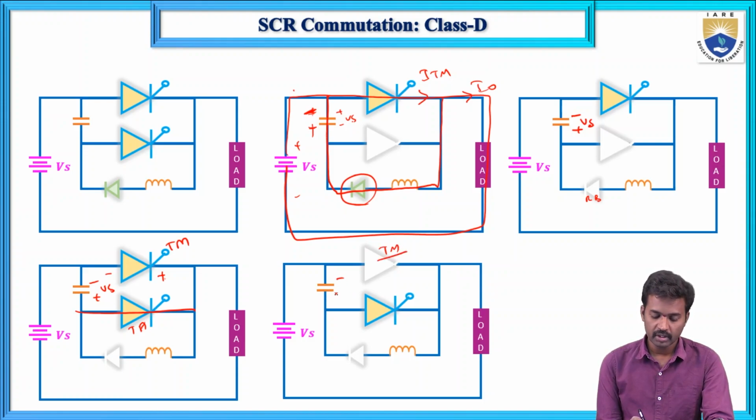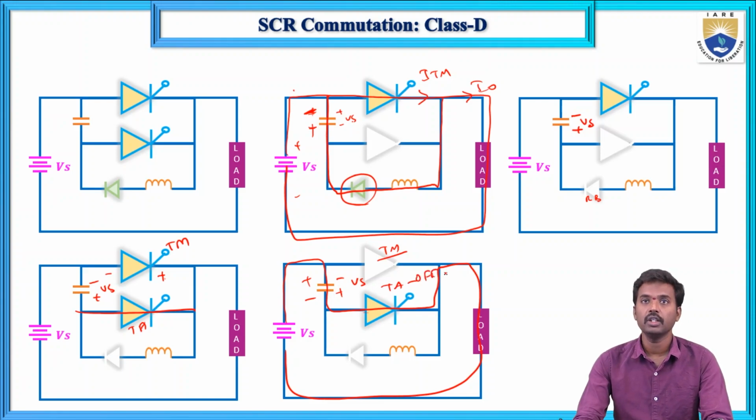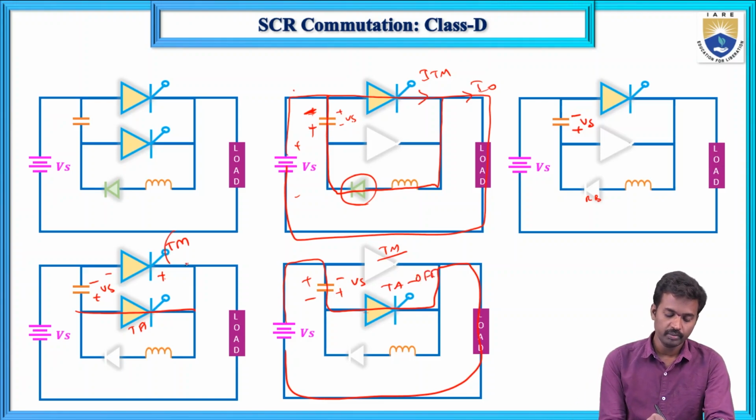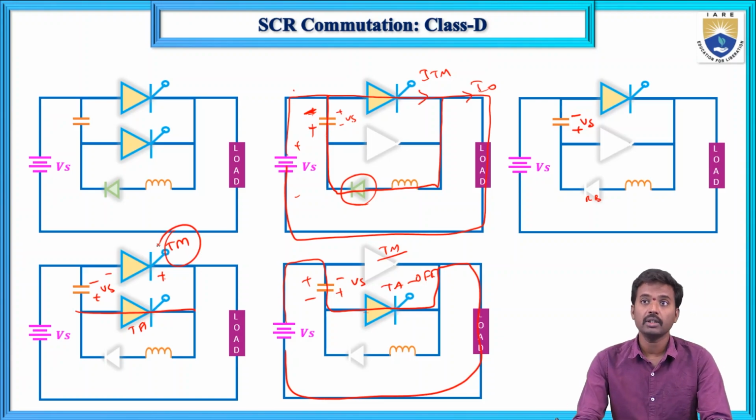Again, in the same position, current is flowing from here, here, here. When it reaches Vs plus and minus, this TA is also in the off position. In this way, TM, the main thyristor, will be turned off.